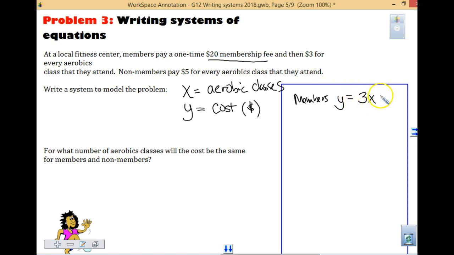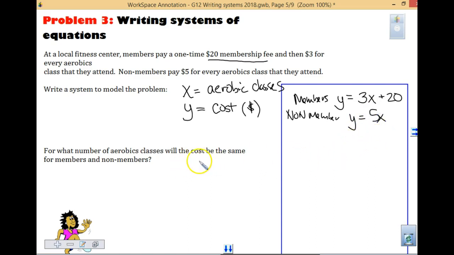So if you are a member of that club, you pay $20 up front and then $3 per class. Okay? If you are a non-member, Zach, how much are we charged per class? $5. So y equals 5x.